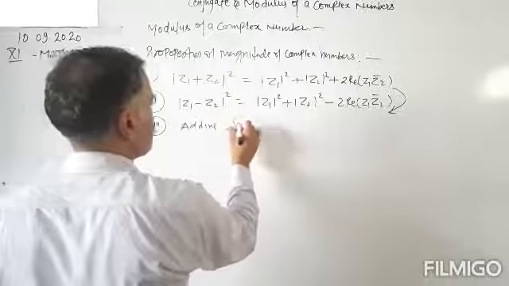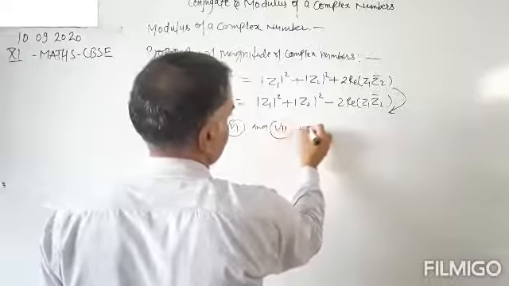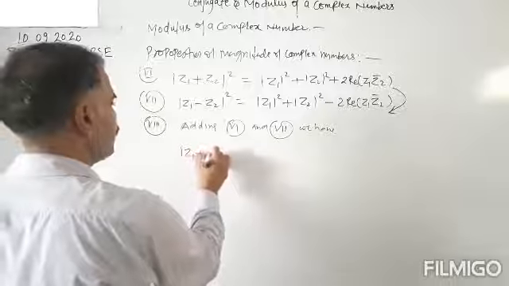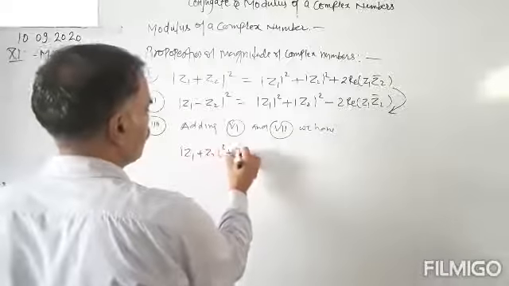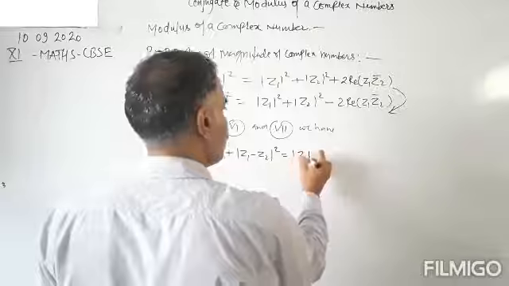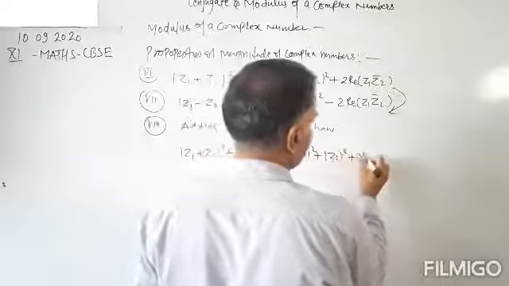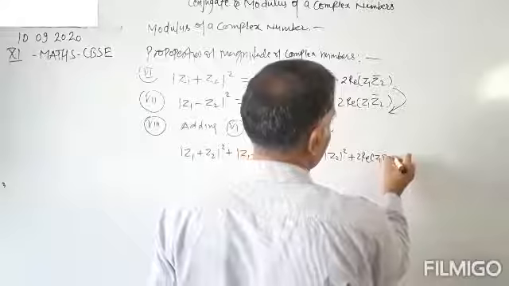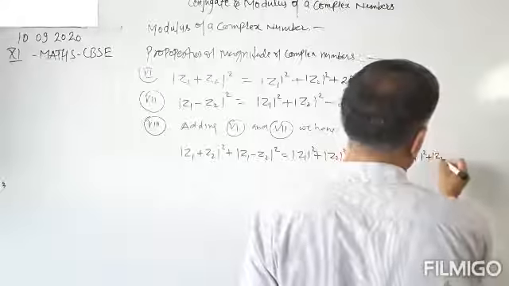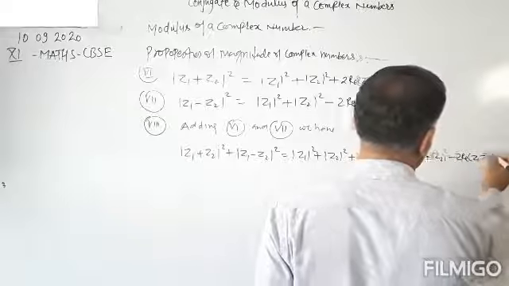Adding, magnitude z1 plus z2 whole square plus magnitude z1 minus z2 whole square equals magnitude z1 square plus magnitude z2 square plus 2 real part of z1 z2 conjugate, plus magnitude z1 square plus magnitude z2 square minus 2 real part of z1 z2 conjugate.